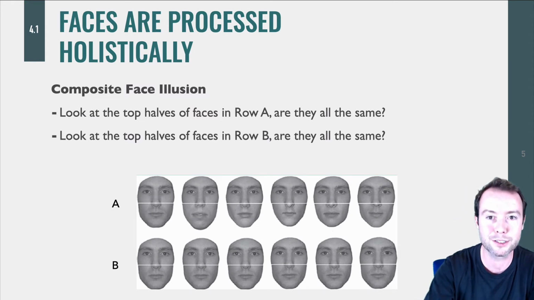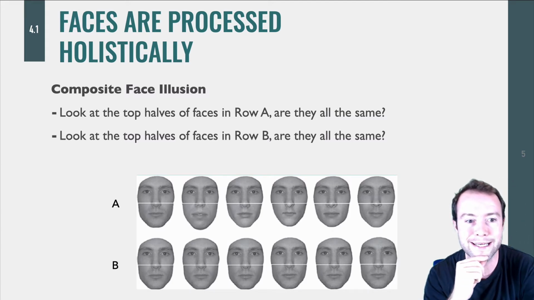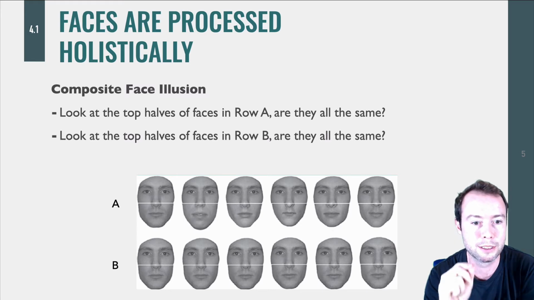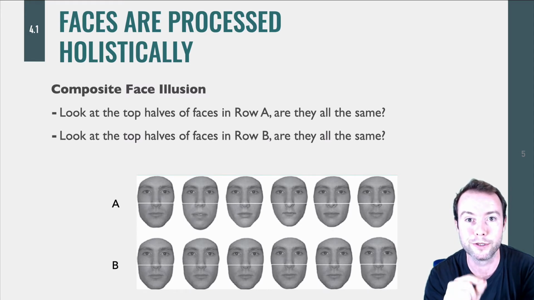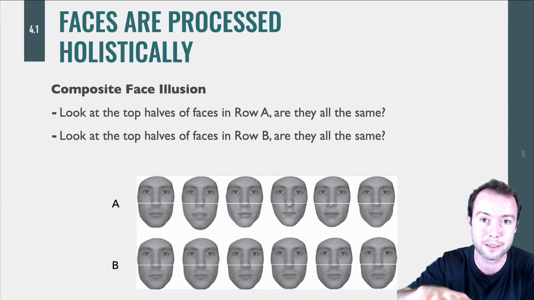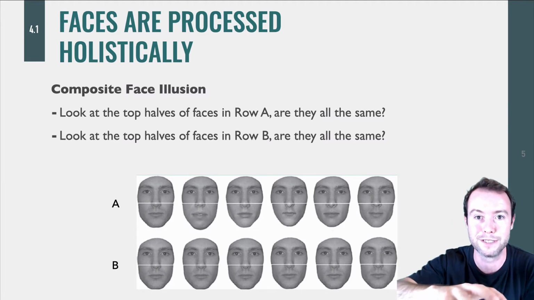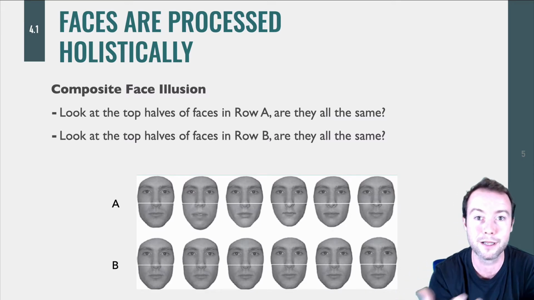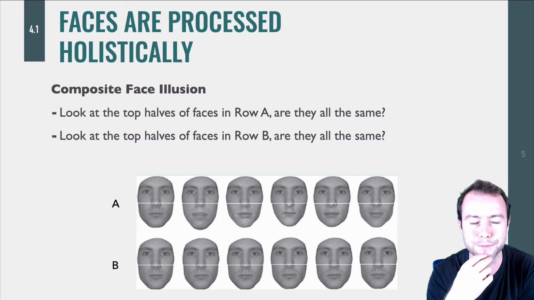And the thing that's crucial here is that this same sort of composite illusion doesn't occur if we do it with non-faces. So if I gave you another example with objects and we put a mixture of different things on the top and the bottom half, you wouldn't be liable to fall for this sort of illusion.